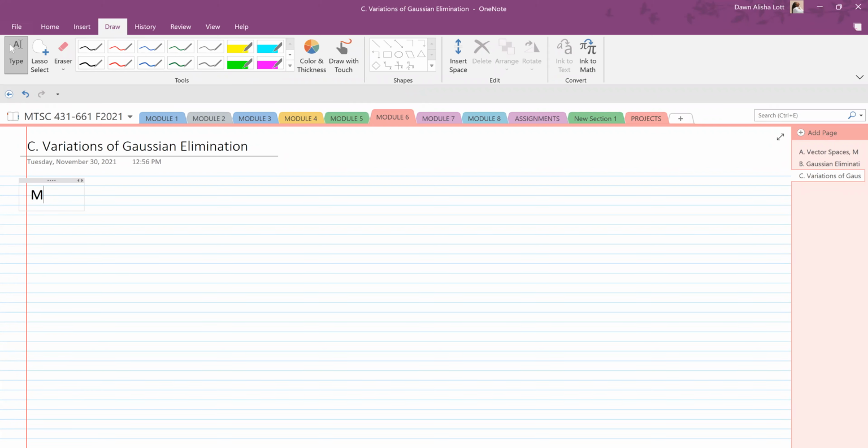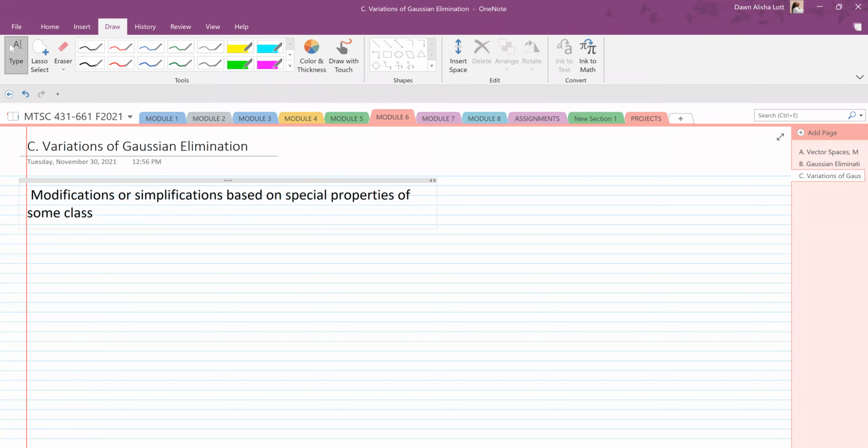So modifications or simplifications, ooh, I spelled that wrong, based on special properties of some class of matrices.